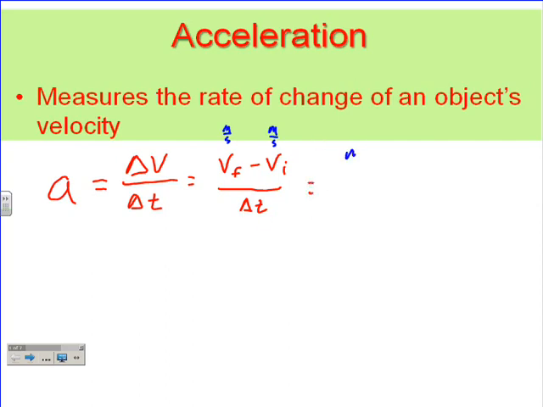That's still going to give us meters per second. Hopefully you remember that from your unit analysis from the beginning of this section, or beginning of this class. Time, still seconds minus seconds. If you think about delta t being final time minus initial time, we're still going to measure time in seconds. And that leaves us with meters per second over seconds.